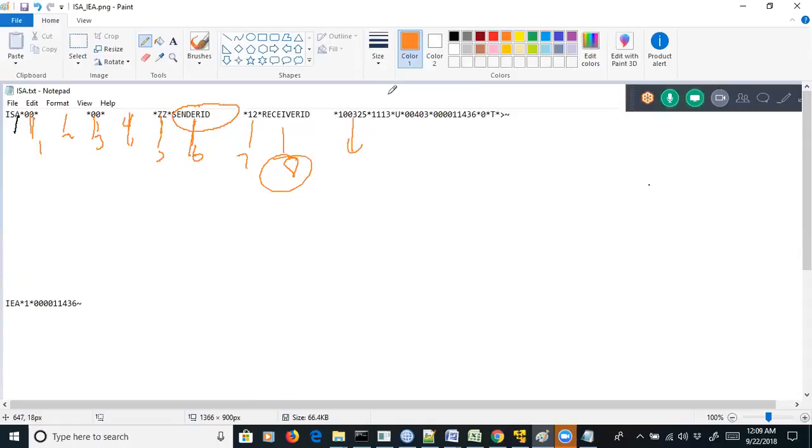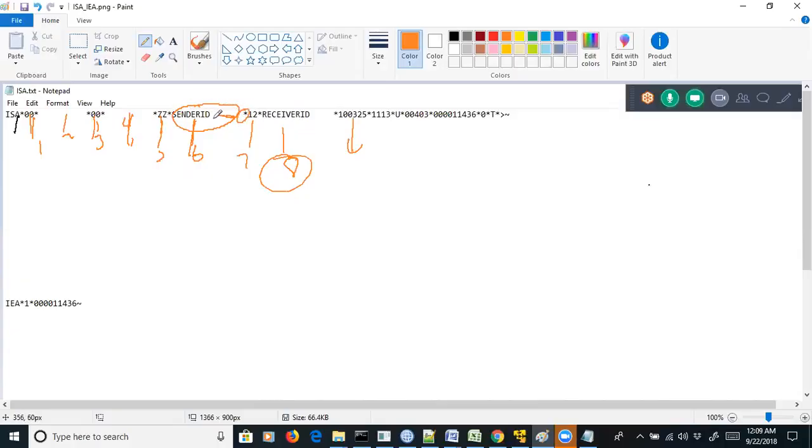JP, after sender ID, there is a gap. Wouldn't that be the seventh field? This, right? No. Yes. Element separator, right?